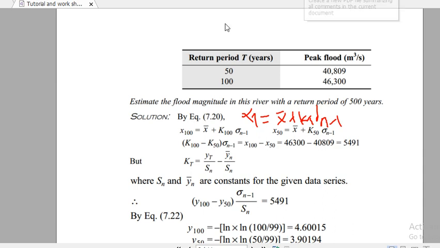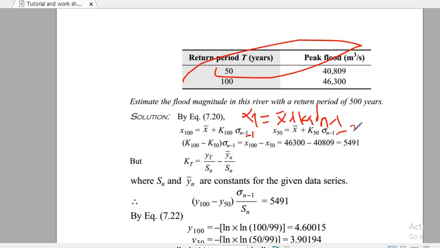By using the table above we can develop two equations. X at 100 is equal to what? X bar plus K at return period of 100 times the standard deviation of the data. And the next equation, it is equation 1, and this one is assigned as equation 2.